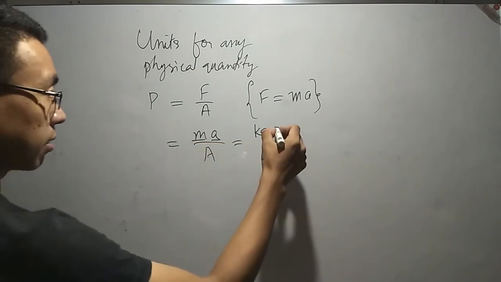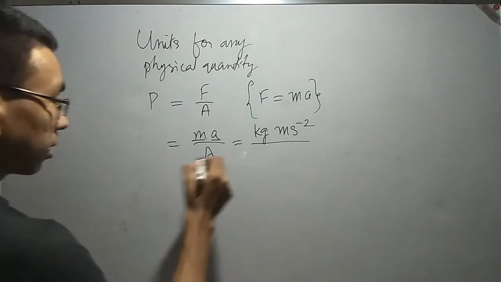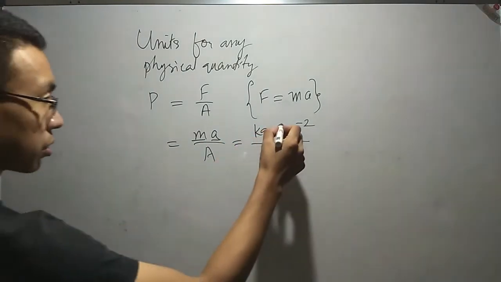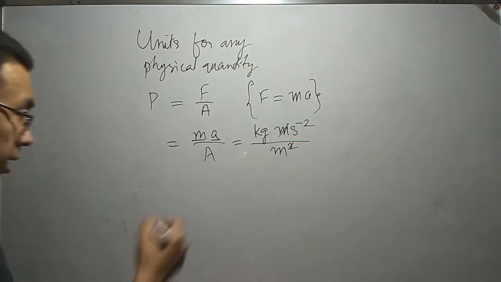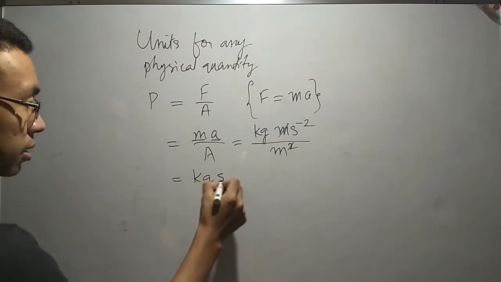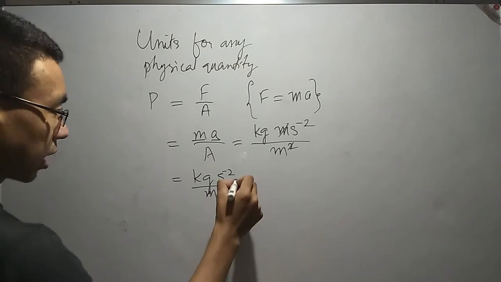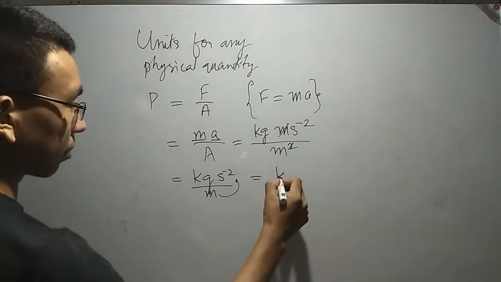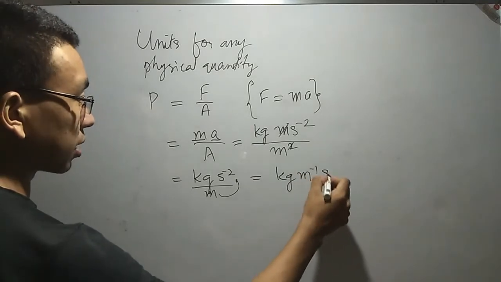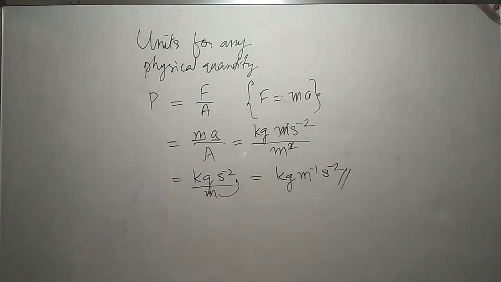The SI unit of acceleration is meter second inverse 2, divided by the SI unit of area, which is meter square. So one of the m gets cancelled, and what we get here is kg second inverse 2 divided by m. We can take this m to the upside, so it will become kg meter inverse 1 second inverse 2. This is the SI unit of pressure.